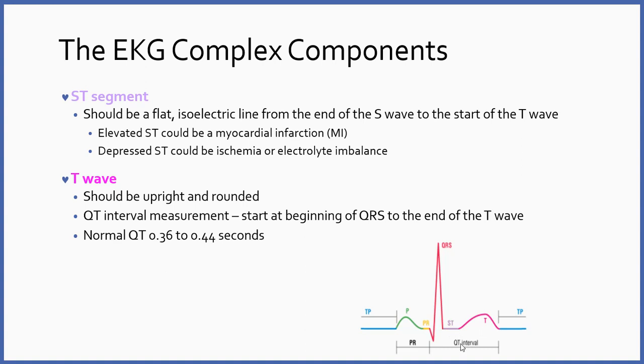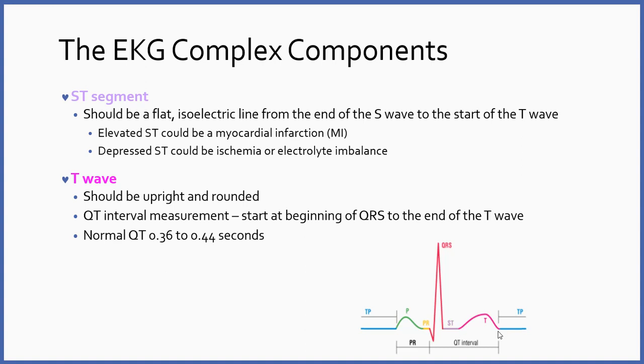So that's the QT interval, and it's right here. We've got our two intervals, our PR interval and our QT interval. The QT interval starts here at the beginning of the QRS and ends at the end of the T wave. You have to find where it comes back to baseline. Okay, so right here.